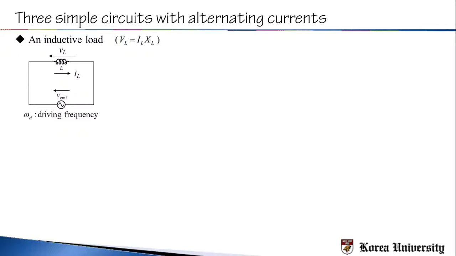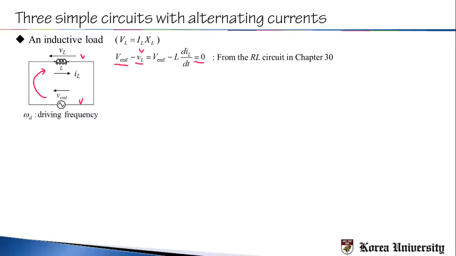And finally, in this slide, we will study the case of this AC source with the inductor only. Again, we are going to use the loop rule, and then we get this equation. So the EMF of the source minus the potential across this inductor finally becomes 0 following the loop rule. And then what is this potential across the inductor?